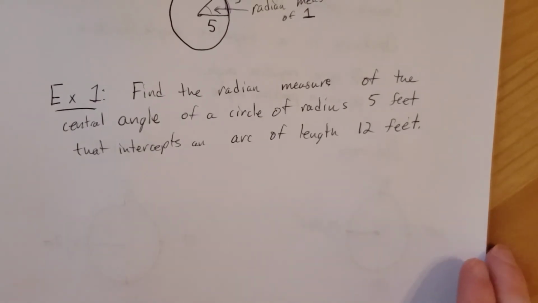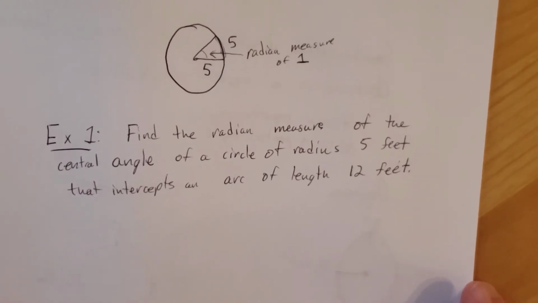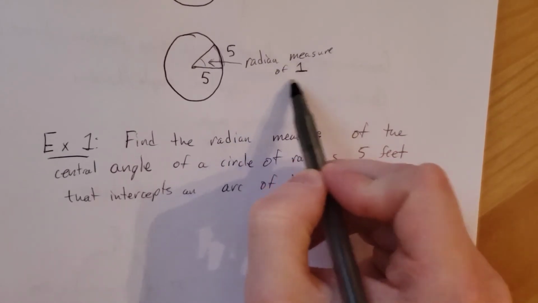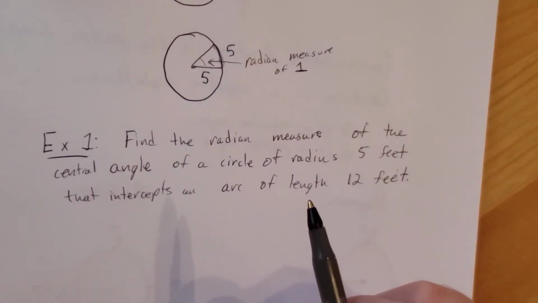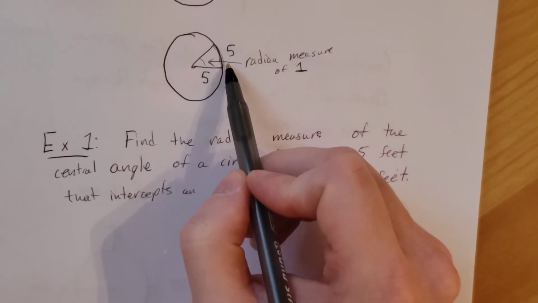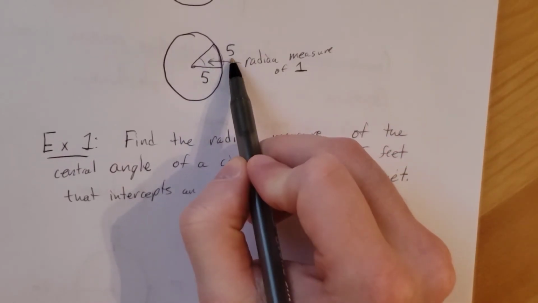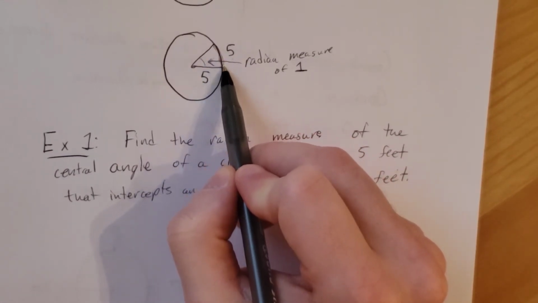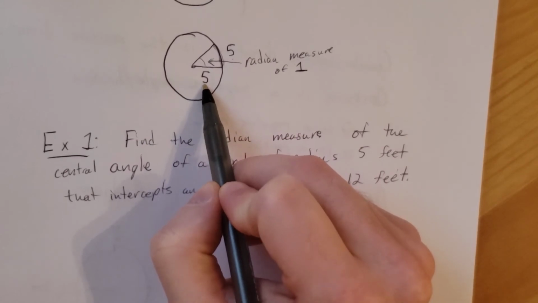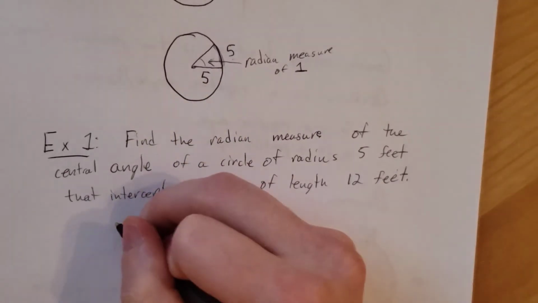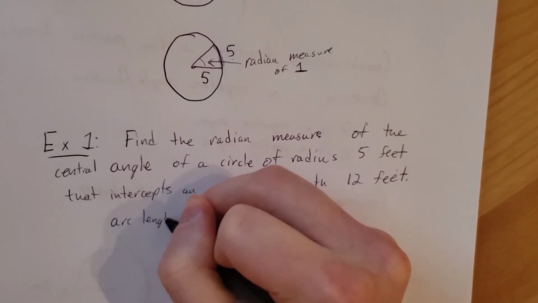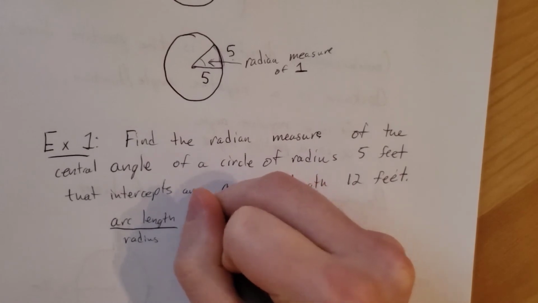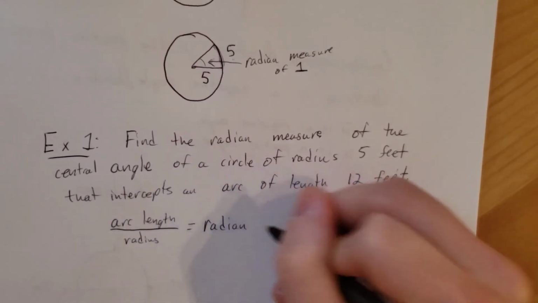So what we may notice from this previous problem, how do we get 1 from these two values? Well, if we take the arc length and divide that by the radius, we get the radian measure. So arc length divided by the radius is equal to the radian measure.